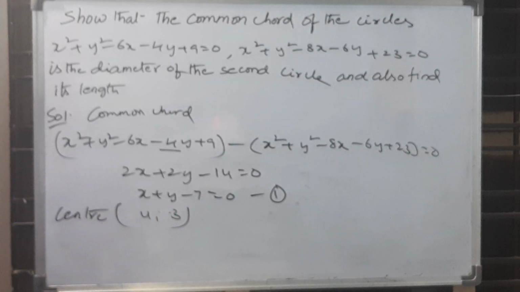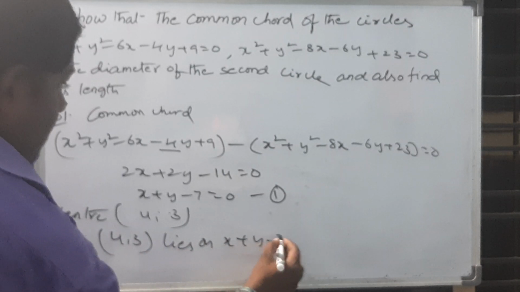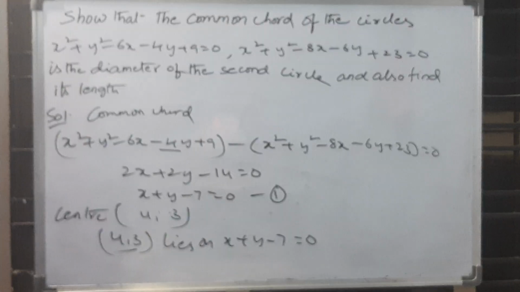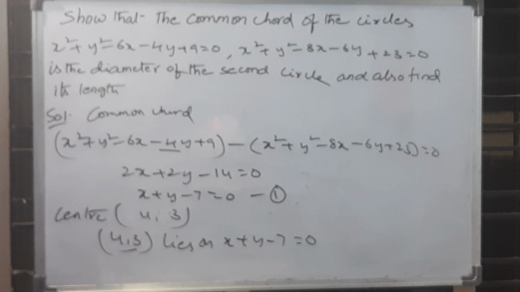So 4 comma 3 lies on x plus y minus 7 equal to 0. Apply here: in the place of x is 4 and y is 3. 4 plus 3 is 7, 7 minus 7 is 0. So 4 comma 3 lies on x plus y minus 7 equal to 0.